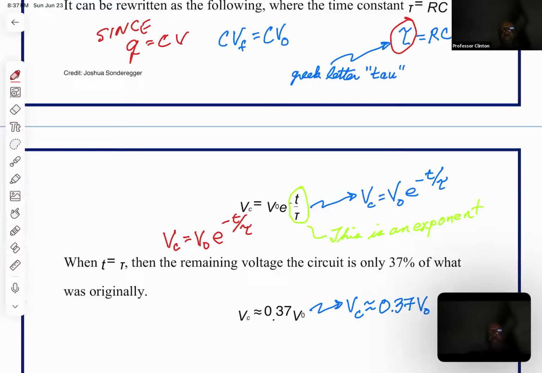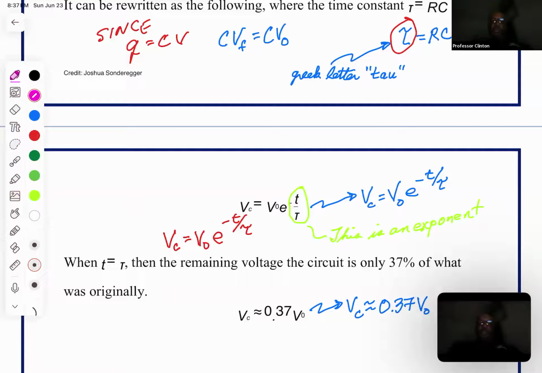At this point, you should see that you have constants in all but two places. This is a constant, this is a constant, this is a constant.